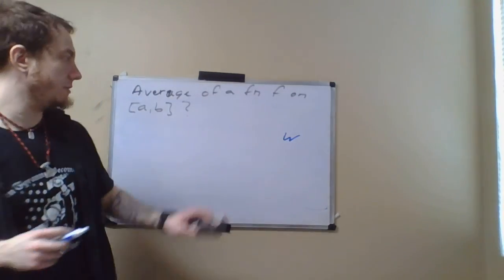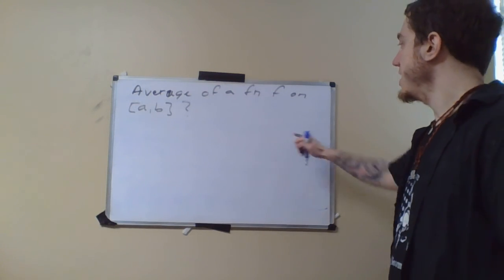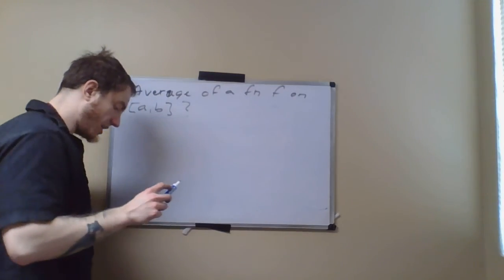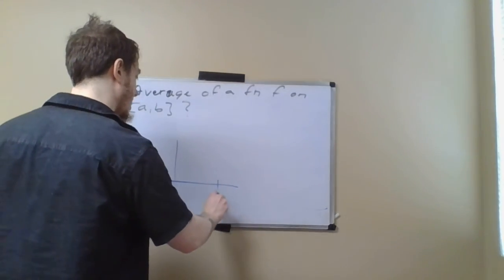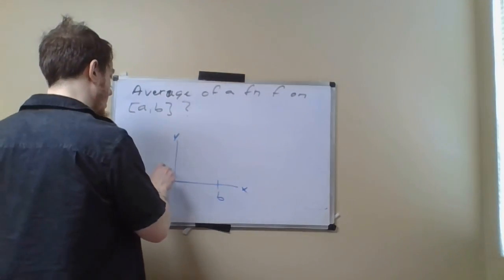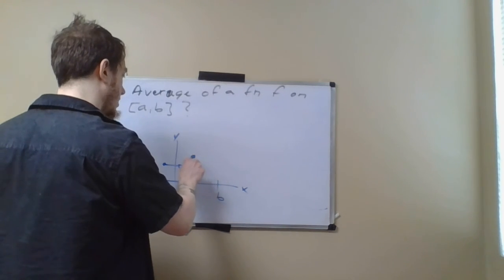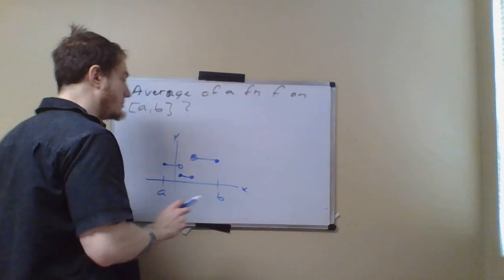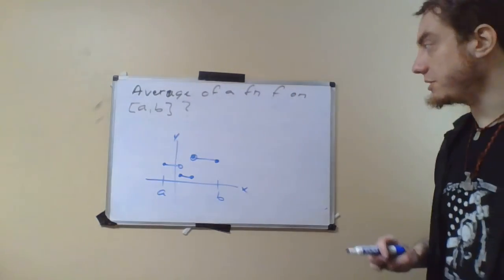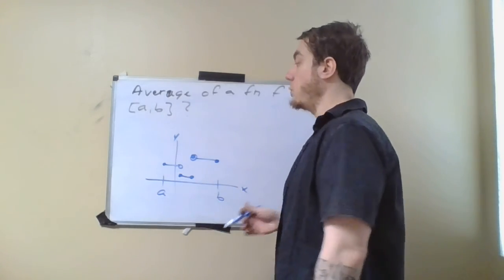Well, if the function happened to be piecewise constant, in other words, if the function were constant on various parts of the interval, so let's say here's a, here's b, and if my function were effectively constant on different pieces of the interval, then the sensible thing to do would be to say that the average value, if a function is literally constant, then the average is just whatever it is.